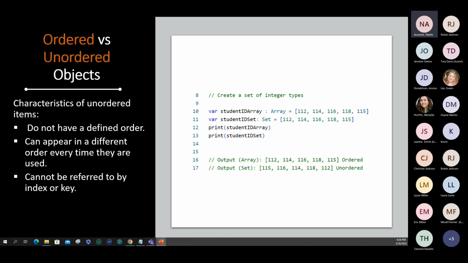Now, the difference between ordered and unordered arrays, what I discuss here are characteristics of unordered items or elements or whatever you want to call them. So for one, notice I've written this var, which is variable, and then I have the student array.